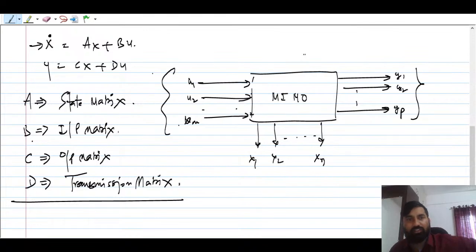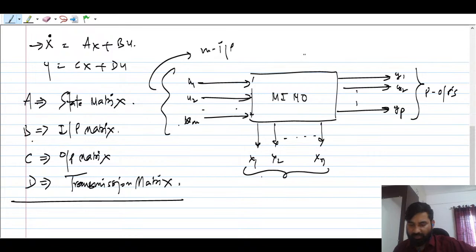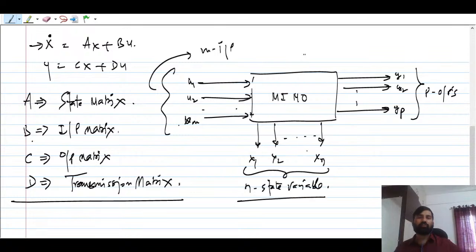So there are m inputs, p outputs, and n state variables. If you know how many states, inputs, and outputs there are, you can decide the order of the A, B, C, and D matrices. That is very simple.